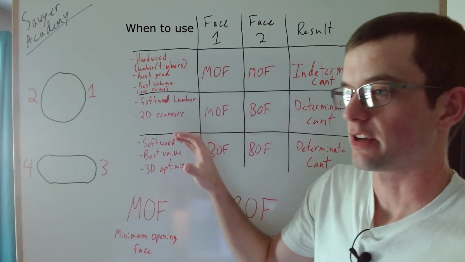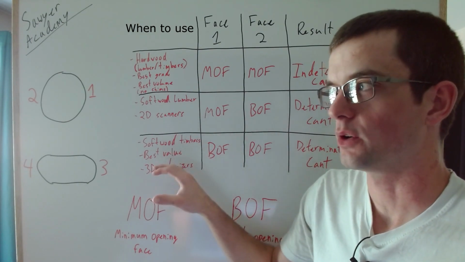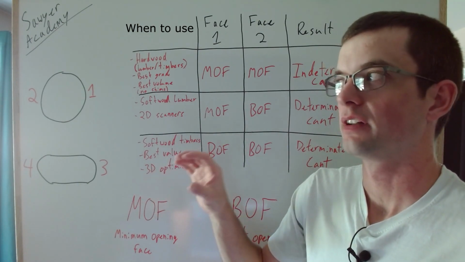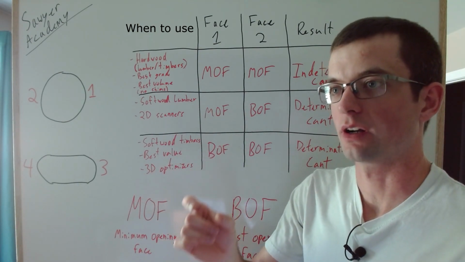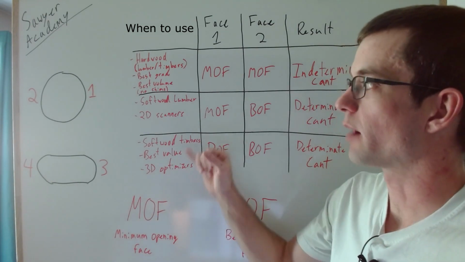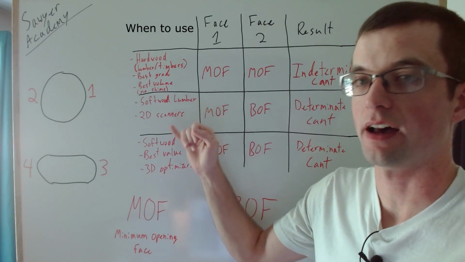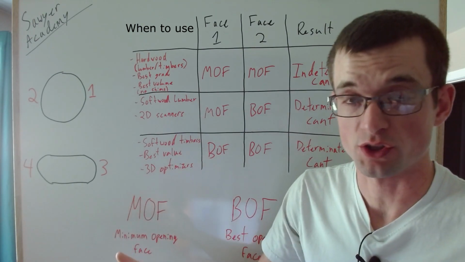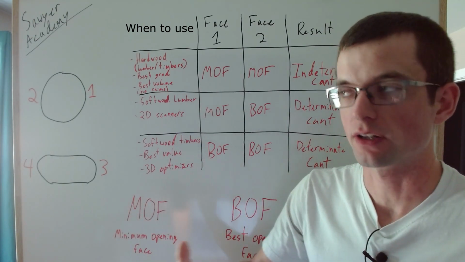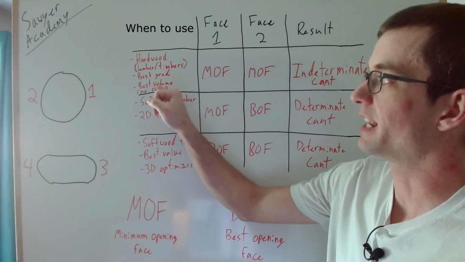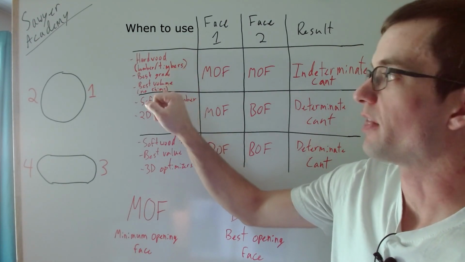Now with a 2D scanner, you're probably not going to be considering value in terms of dollars per product. You are probably going to be more inclined, you as a Sawyer or you as the owner, as the manager, to be getting the best grade and the best volume.